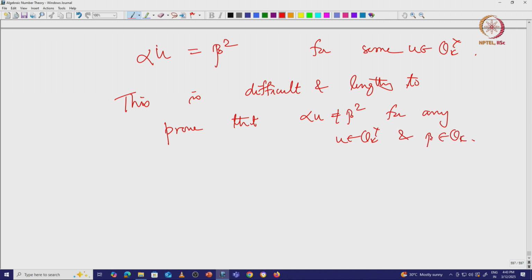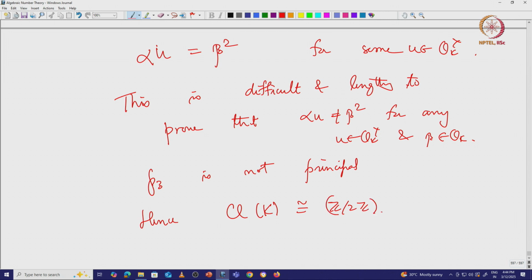So, this means that P3 is not principal, hence the ideal class group of K is isomorphic to Z mod 2Z. This is exactly the kind of thing that I was saying, that if you work with cubic fields, then the group of units is infinite, and to show some ideal is not principal usually turns out to be a very difficult task.